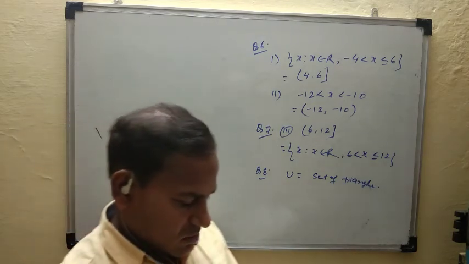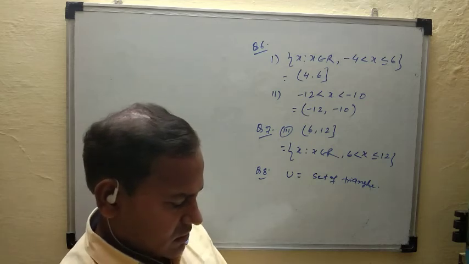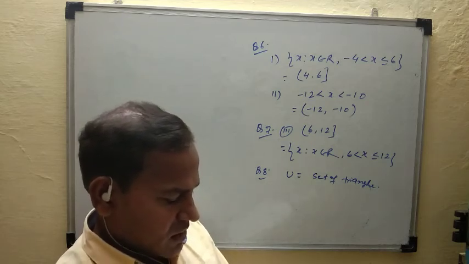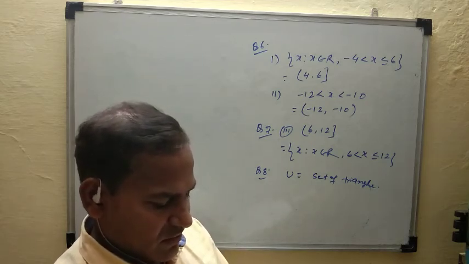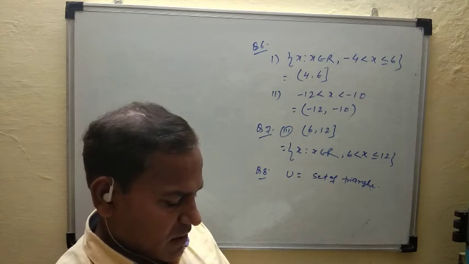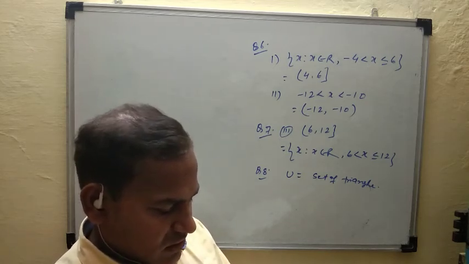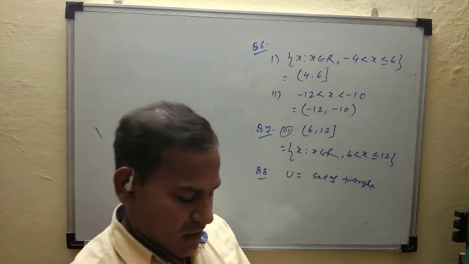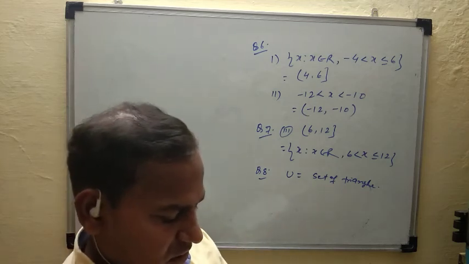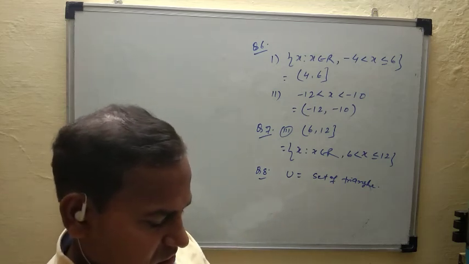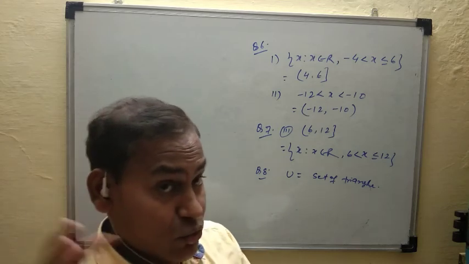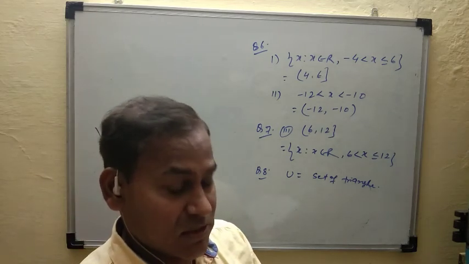So this exercise. Next, question number 9. Given A, B, C, which of the following may be considered as universal set S for all the three sets A, B, C? A is given as 1, 3, 5, and B and C are given. Universal set means a superset, the biggest set.